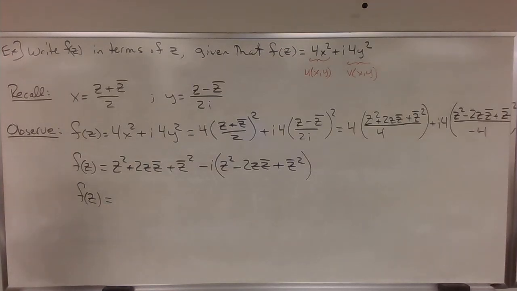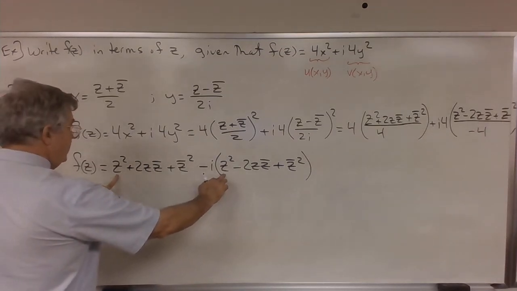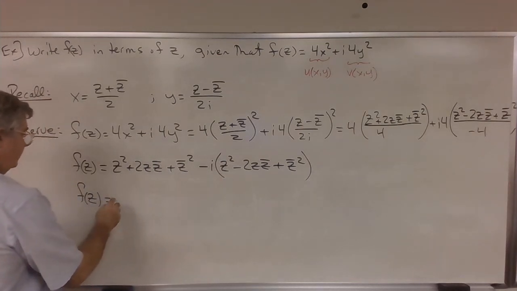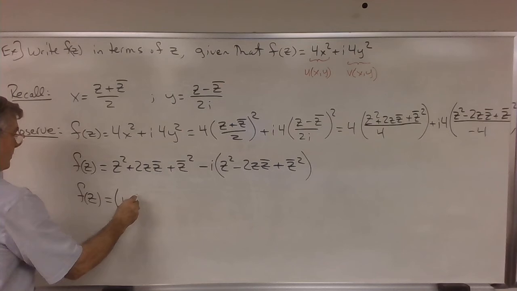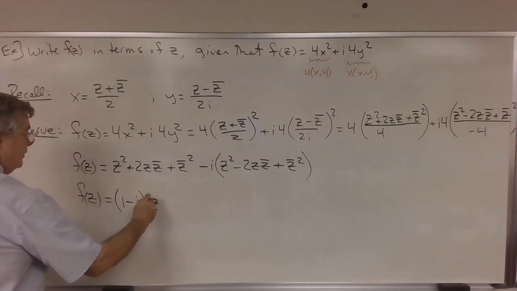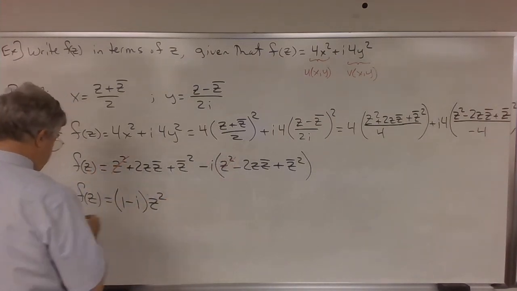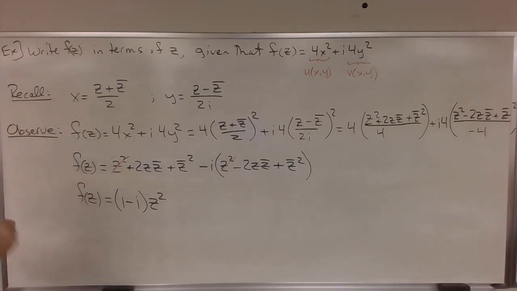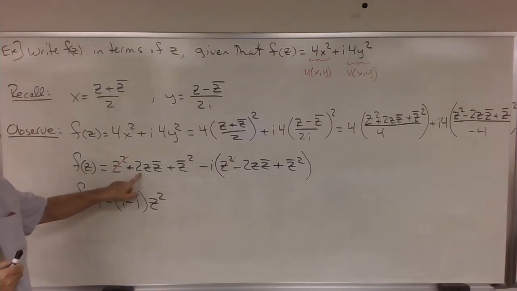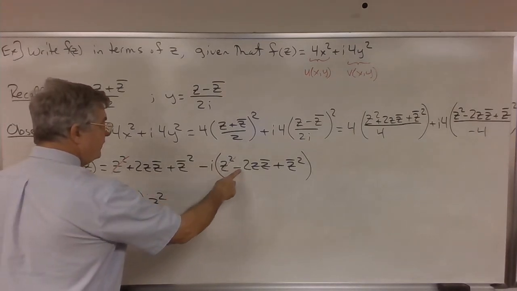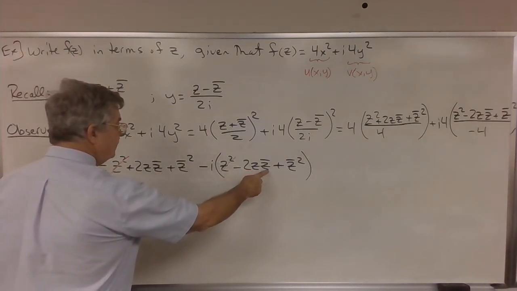Let's see, as far as z squared goes, we have 1 times z squared minus i times z squared. So I'll say 1 minus i, z squared. So I've accounted for these guys. Now I have 2z, z conjugate, and I have minus i times minus 2z, z conjugate.